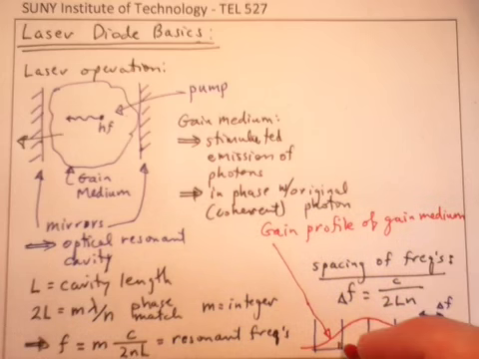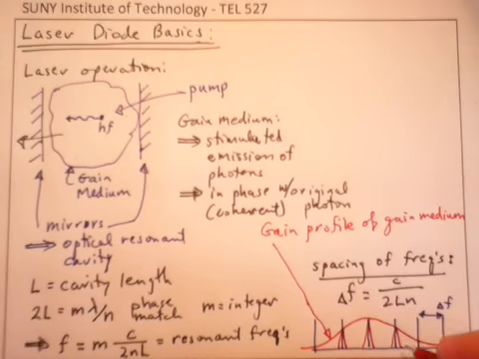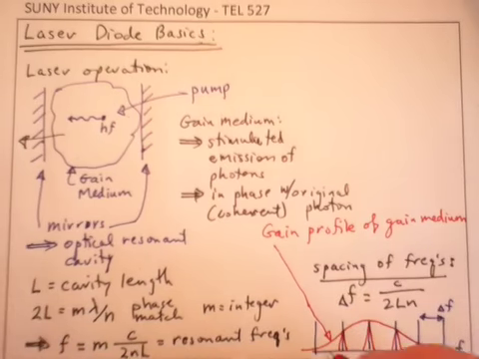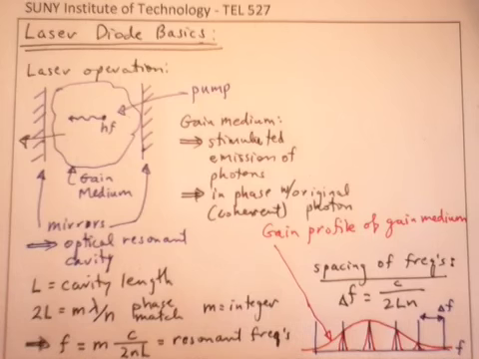Then the profile of the laser is going to be these spikes as shown in red here. So there will be a few laser modes that are available underneath that gain medium.